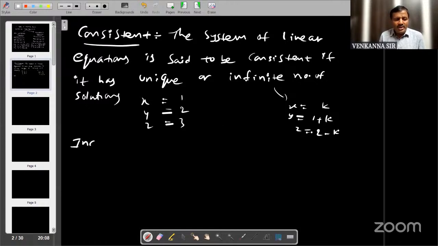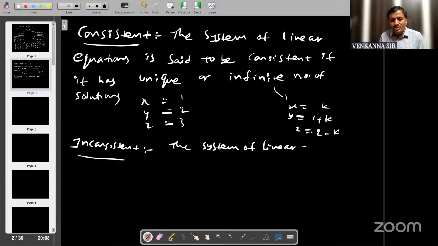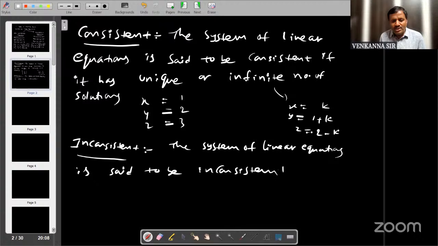Otherwise it is inconsistent. Next definition, inconsistent. What is the definition of inconsistent? The system of linear equations is said to be inconsistent if it has no solution.